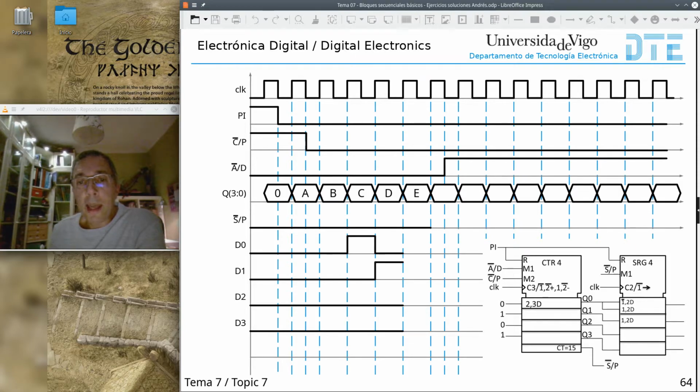D0 will take the Q0 bit from D, and D is 13. This is 10, 11, 12, 13, so it's odd, so it's set to 1. So D0 will evolve to 1. D1 will evolve to 0, and D2 will evolve to 1, and D3 will evolve to 0.